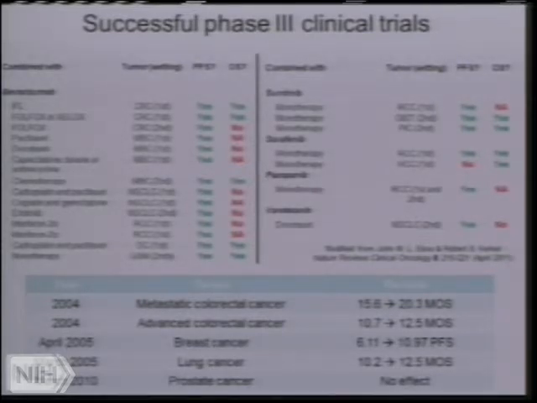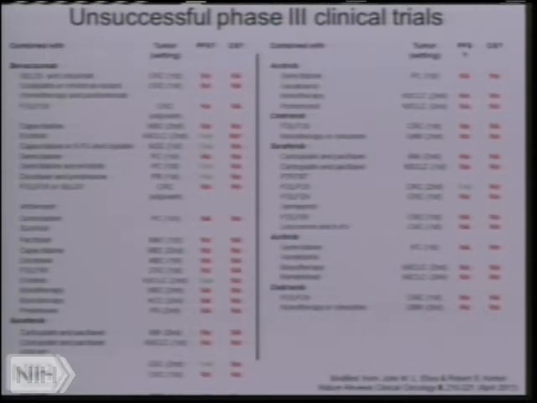But if you take the average, the benefit is measured in weeks or in a few months. So at least in my opinion, and in the opinion of a lot of people in the angiogenesis field, it didn't live up to the expectations based on the preclinical studies. There is also a lot of unsuccessful phase 3 clinical trials with bevacizumab.